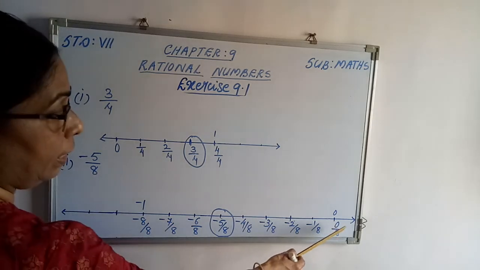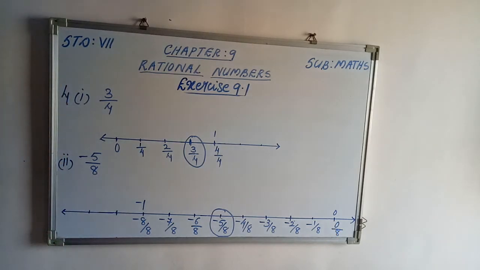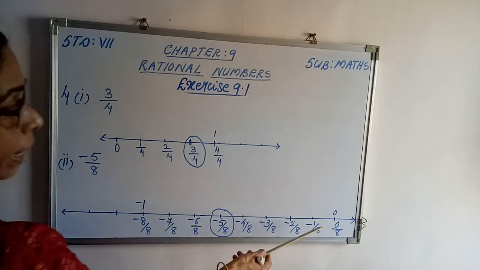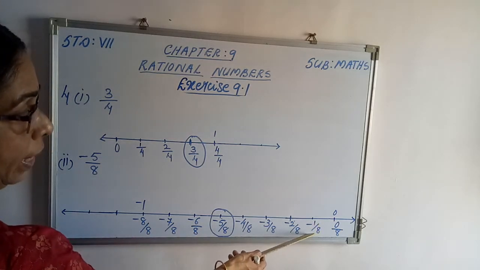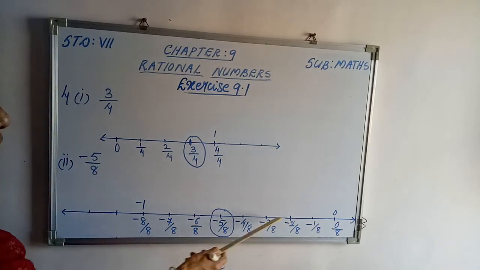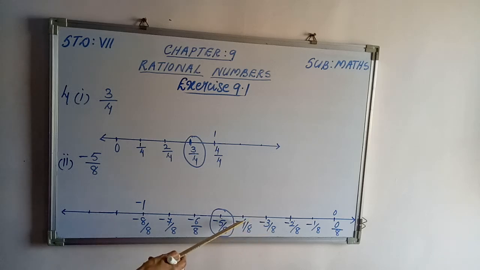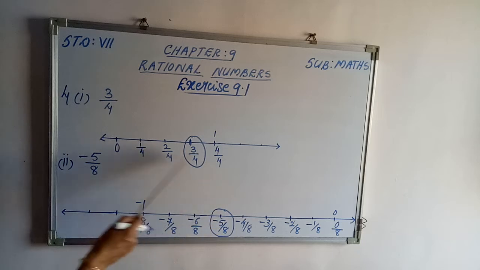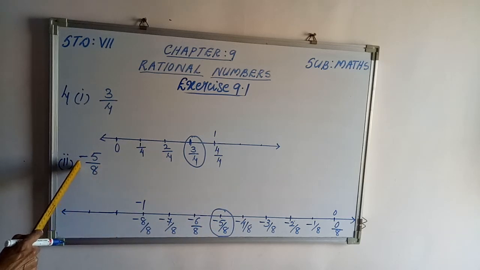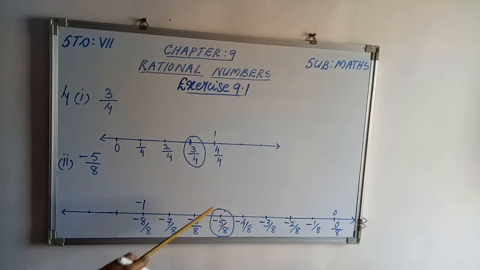Then starting from 0 towards the left, as it is a negative rational number, we can write minus 1 upon 8, then minus 2 upon 8, minus 3 upon 8, minus 4 upon 8, minus 5 upon 8. So that minus 5 upon 8 we have to represent on this number line. Then minus 8 upon 8 means minus 1.